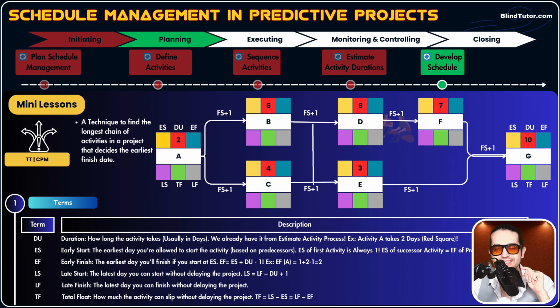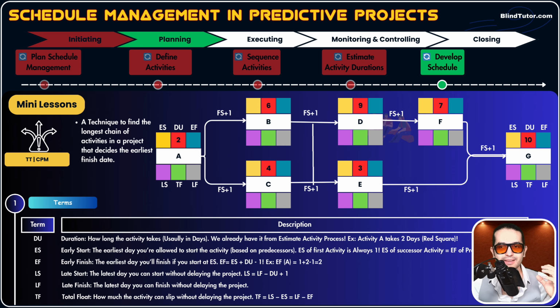But what about activity D and E? The predecessors of activity D are both activity B and C, because both of these activities come right before activity D. Also, the predecessors of activity E are, again, activities B and C, because both of these activities come before activity E. Now, we said ES of successor activity is EF of predecessor plus 1.